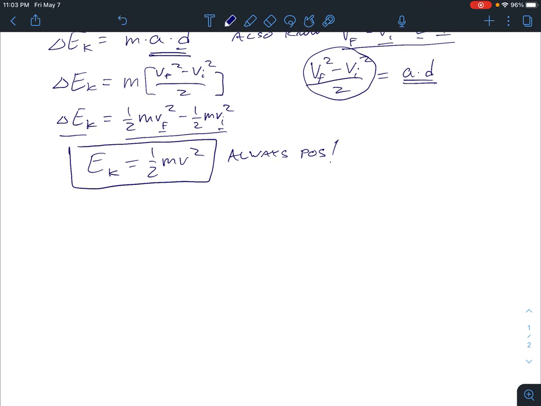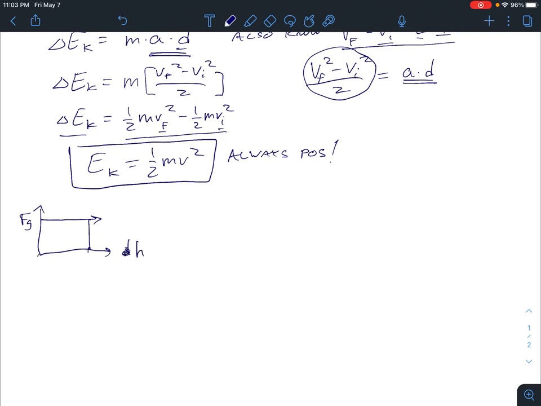What about with gravity? Well, if we're interested in the work done by gravity, which is equal to change in energy, then if this force is a gravitational force, maybe it would make more sense here. Gravity acts in an up-down direction, so instead of calling that d, we could call that h, like the height something is at.